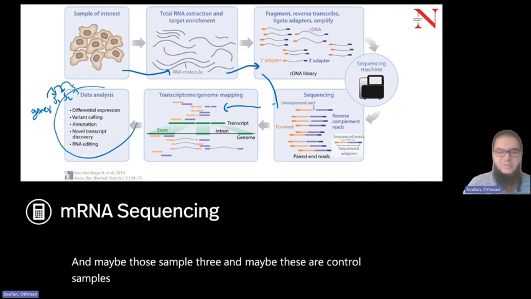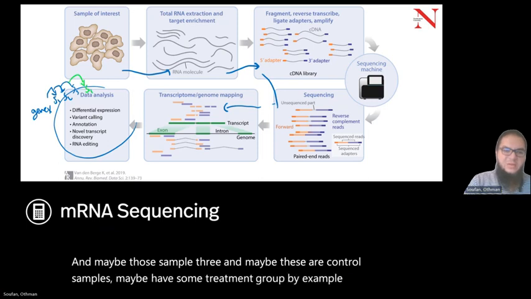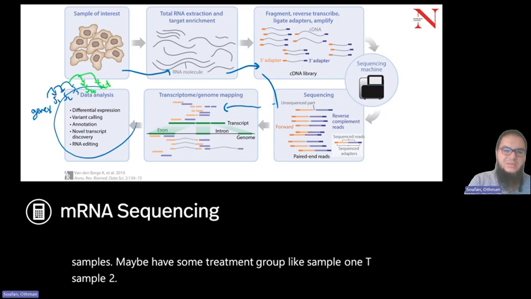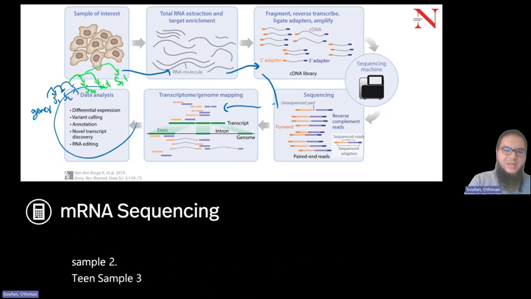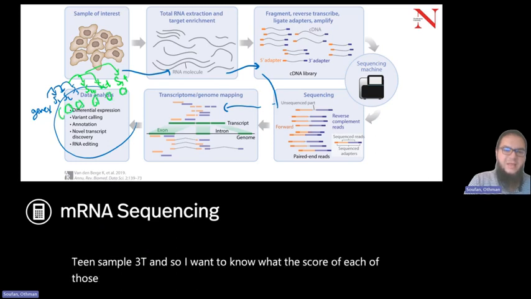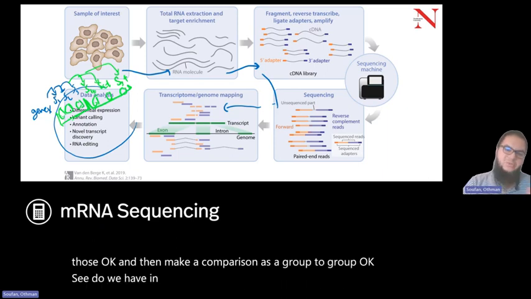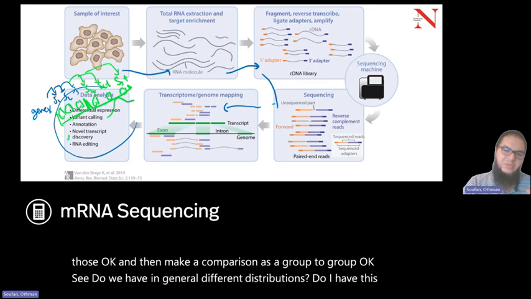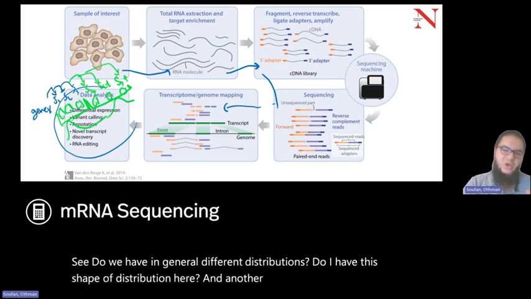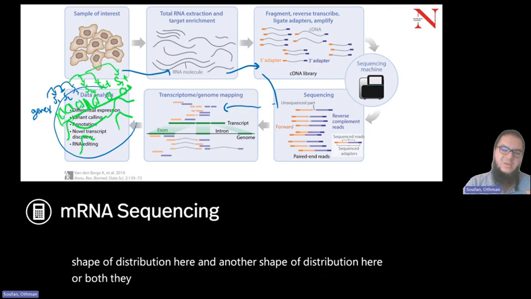Maybe we have some treatment group, like sample 1 T, sample 2 T, sample 3 T. And so I want to know the score of each of those, and then make a comparison group to group. Do we have in general different distributions? Do I have this shape of distribution here and another shape of distribution here, or do both look the same?